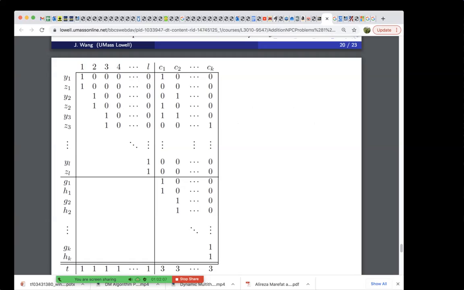Okay, so we know that x1 is represented by y1 and z1. The reason I use two variables is because I want to use one for its original form, the other one for its complement.